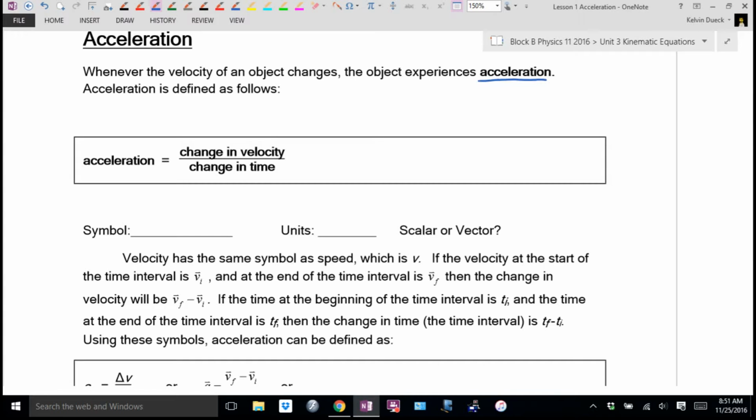Acceleration is defined as follows. It's the change in velocity over the change in time. Except we have an abbreviation for change in. Delta V, and I'll put the vector sign above the V because it is a vector, over delta t.